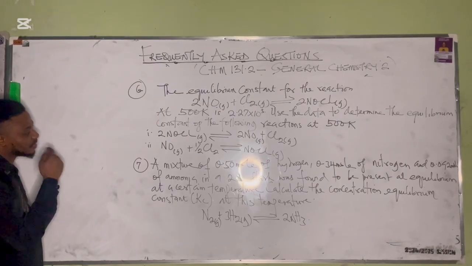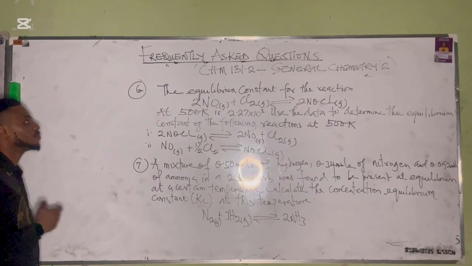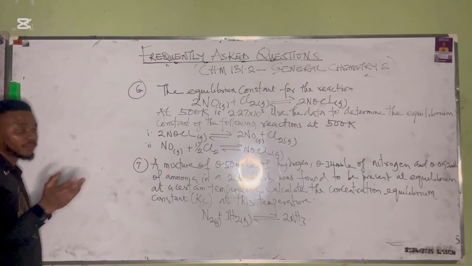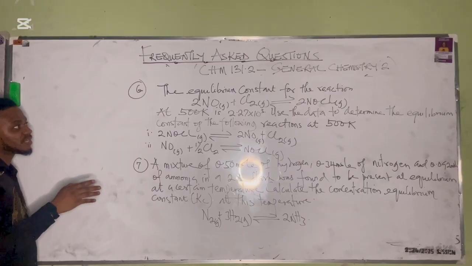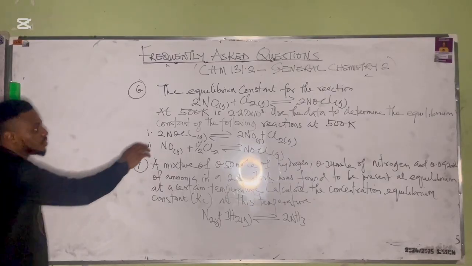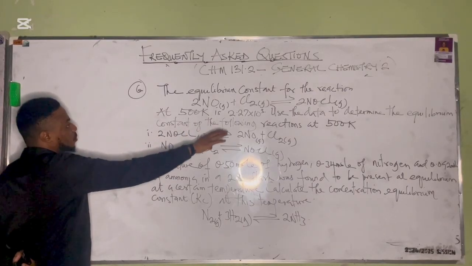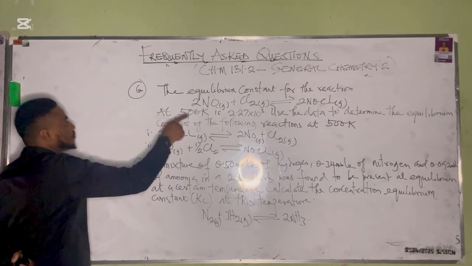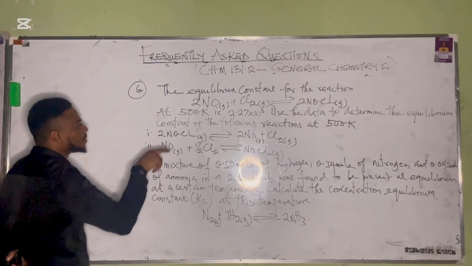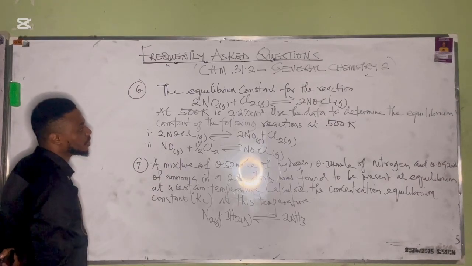So we have another set of questions still under equilibrium constant, chemical equilibrium generally. It says the equilibrium constant for the reaction 2NO plus Cl2 giving us 2NOCl at 500 Kelvin is 2.27 times 10 raised to power 3.